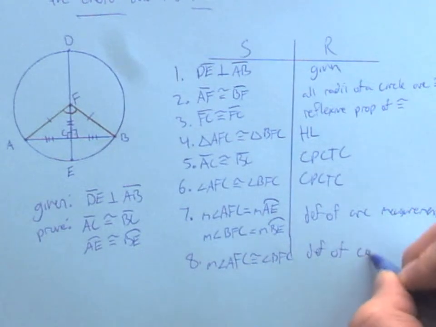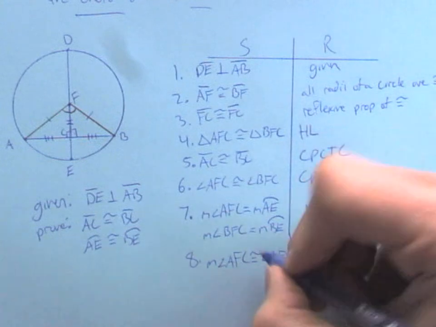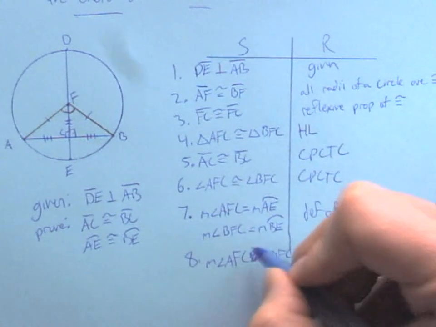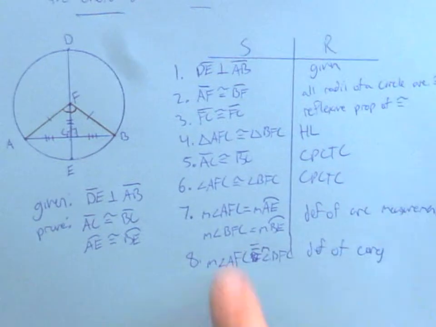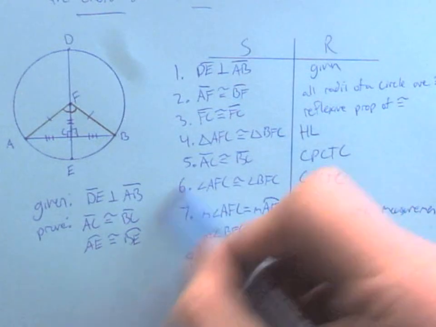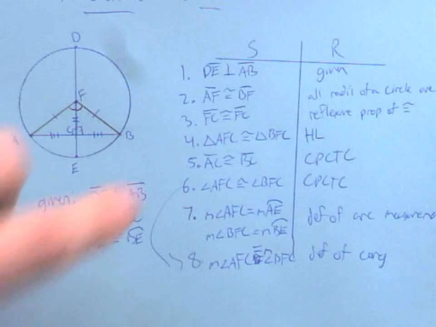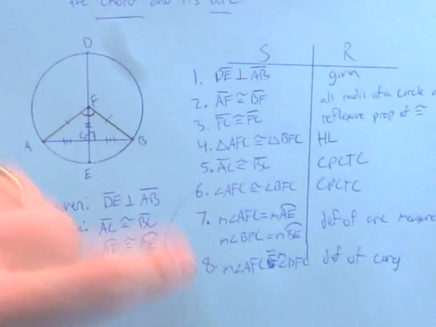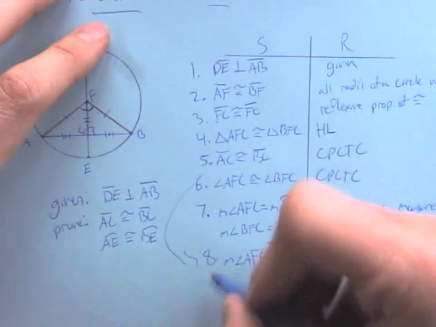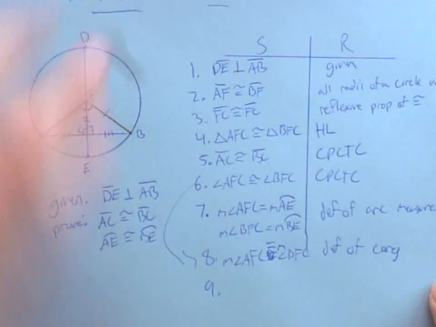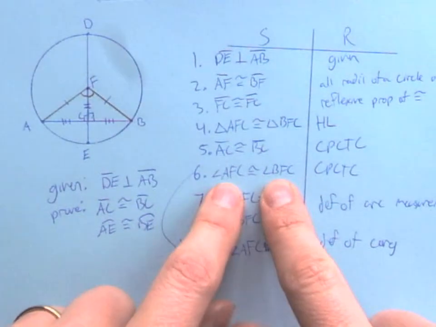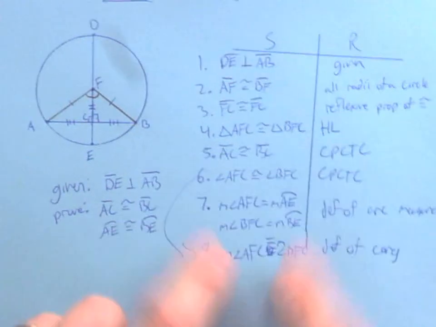The definition of angle congruence means their measures are the same. Sorry, this should be an equal sign, and this should be measurement. These two lines probably should normally go together. It doesn't really matter, but if the two angles are congruent, their measures are the same. The only reason I need that is because I'm going to do a substitution in a second.